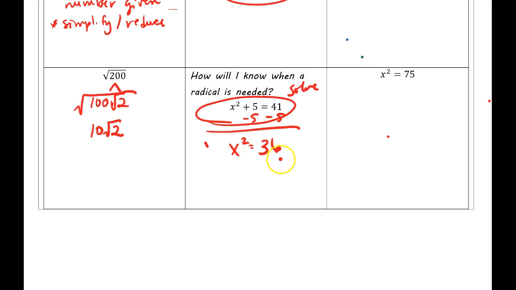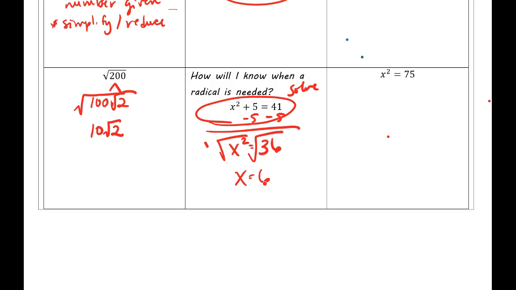And then once you have that, the question becomes, what number squared is equal to 36? Another way of writing that is to write the square root over both of them. And that cuts this down to a normal x, and the square root of 36 is 6, okay?